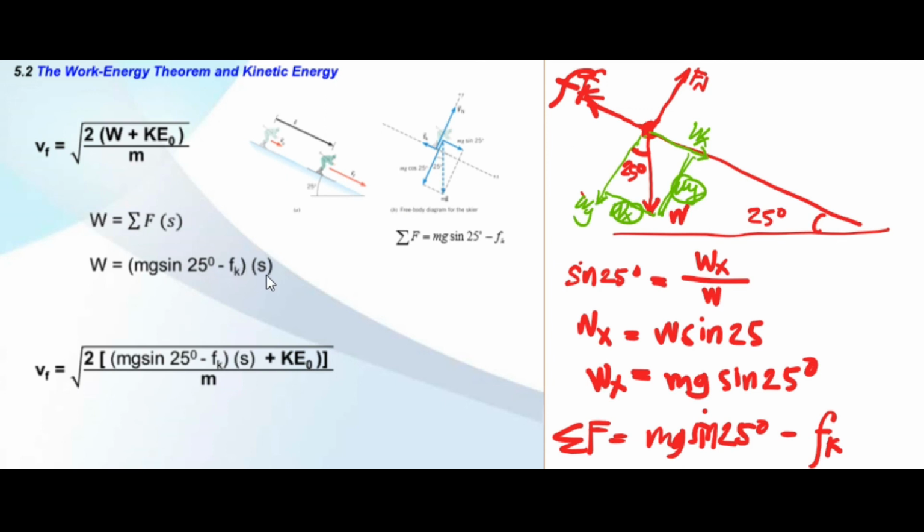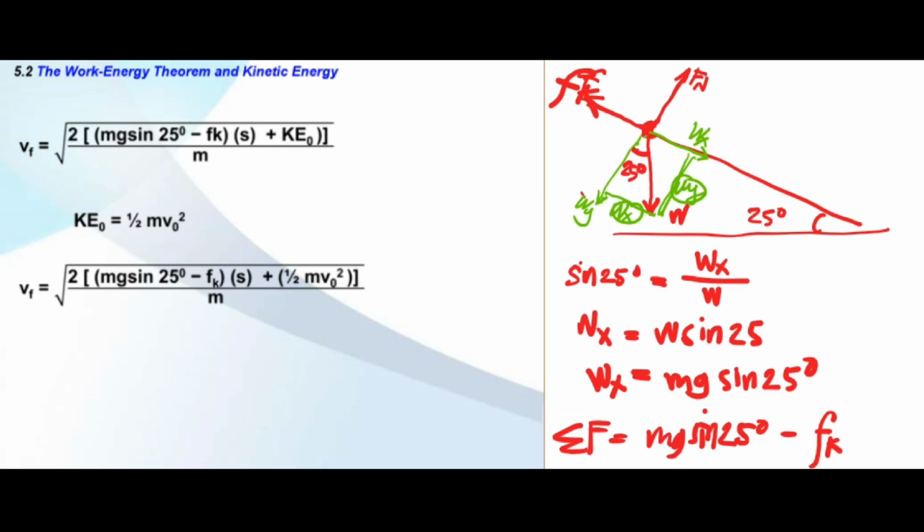Substituting, Vf is the square root of 2 times the quantity mg sine 25 minus Fk times s, plus the kinetic energy initial, all over m.